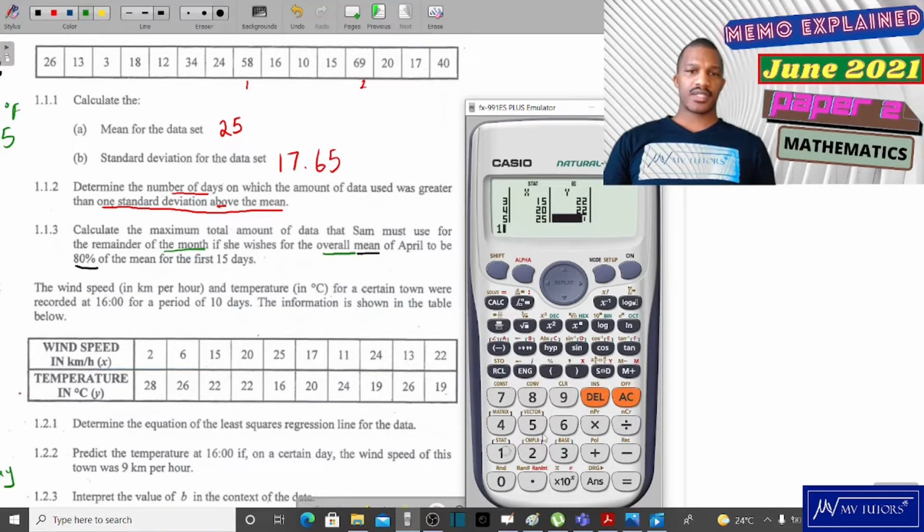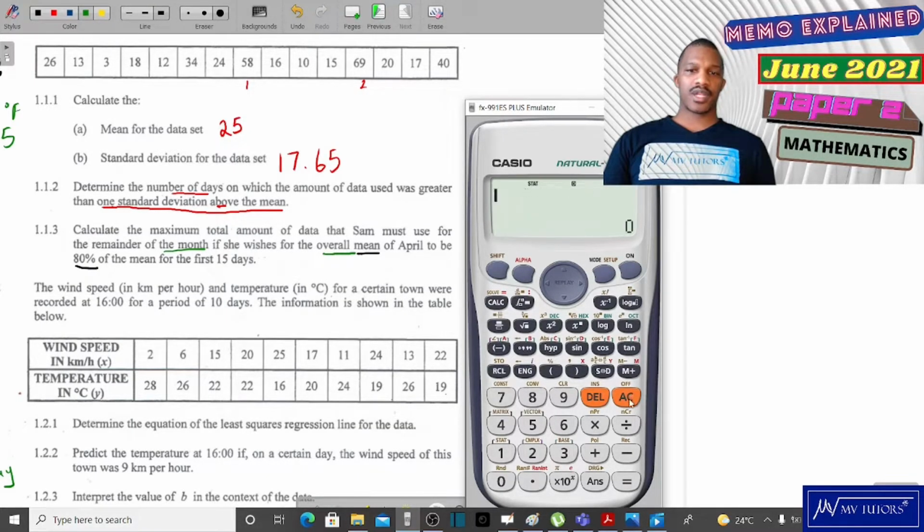And then 16. 16 is the fifth one, right? 1, 2, 3, 4, 5. It's the fifth one. That's cool. So the next one is 20, equals, and then 24, equals, and then 19, equals, and then 26, equals, and then the last one is 19, equals. So 10 for 10. Okay, we're done with that data.